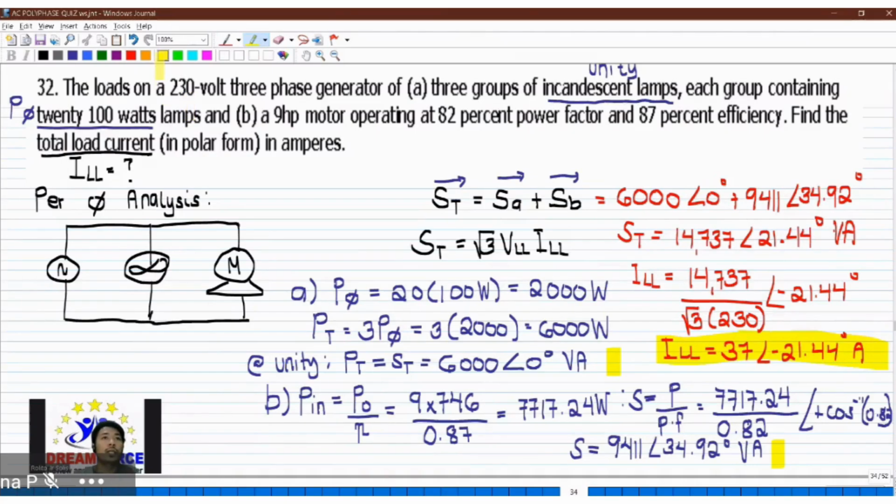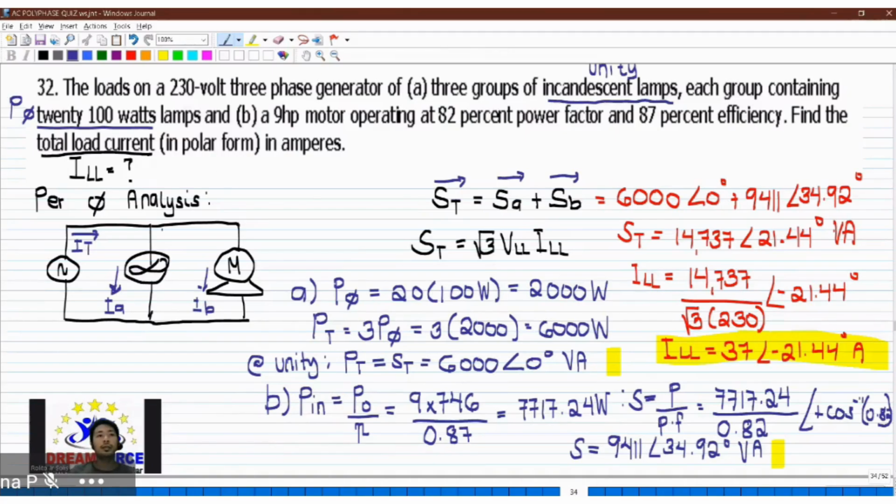Okay, so pwede rin naman kung ganito yung approach na ginawa mo. Total, so kunin mo yung IA at saka kunin mo yung IB, so parallel lang po. Parang sa power factor correction, di ba merong approach doon na pwedeng current analysis.